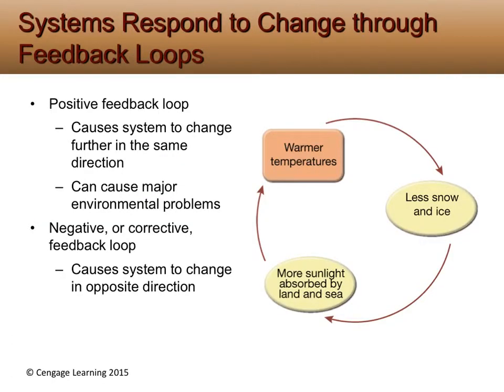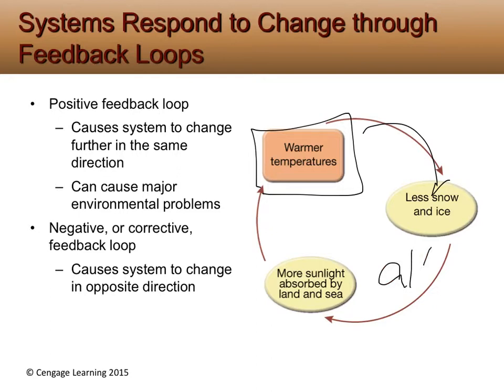Positive feedback versus negative feedback. With positive feedback, a system is going to change in the same direction. This can cause major environmental problems. For example, as our temperatures get warmer, we get less snow and ice. As you know, you have to wear your sunglasses in the wintertime around here.